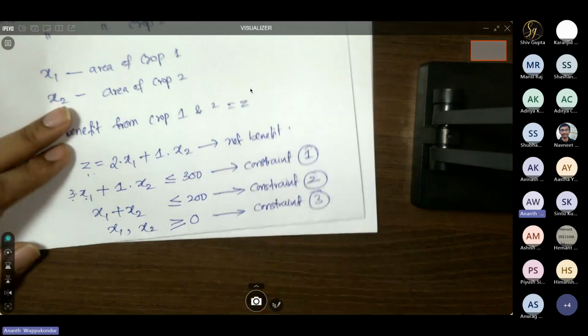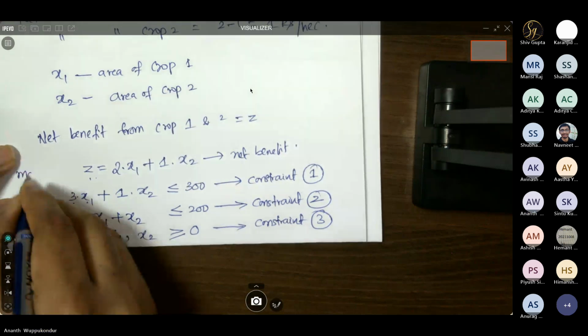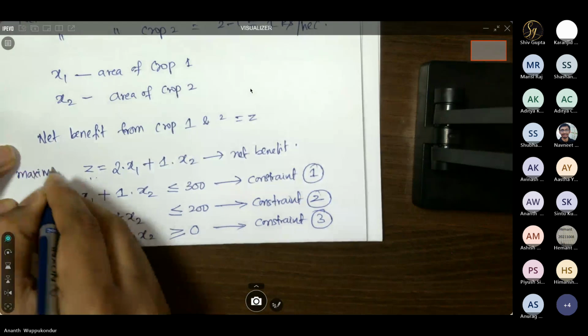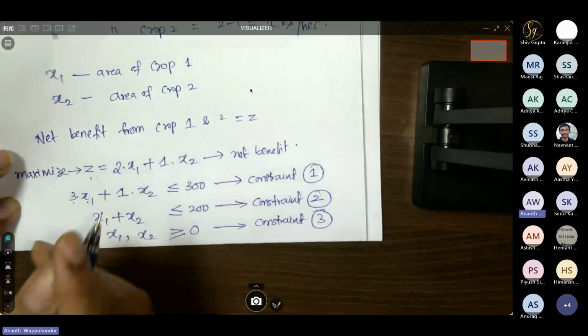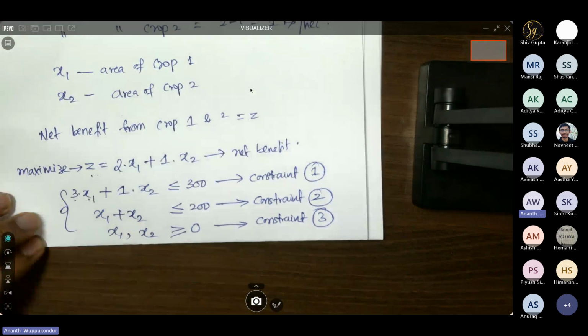So here we have one function that we want to optimize, but we have 3 constraints that we need to satisfy when we are trying to maximize the function. We are trying to maximize Z based on the 3 constraints that we are given here.